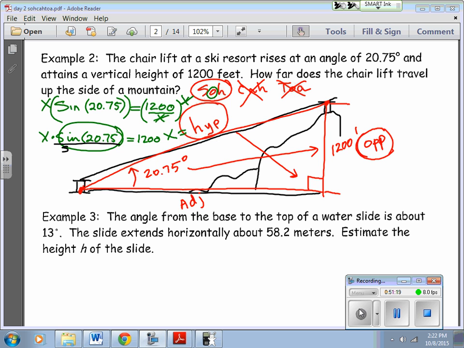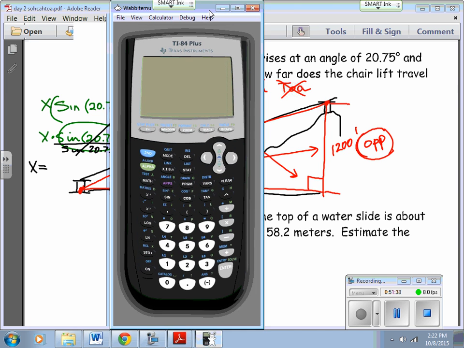So when I divide by all of that, you just got to make sure you remember those become 1 and you're left with x is equal to 1200 divided by the sine of 20.75, so we need our calculator.